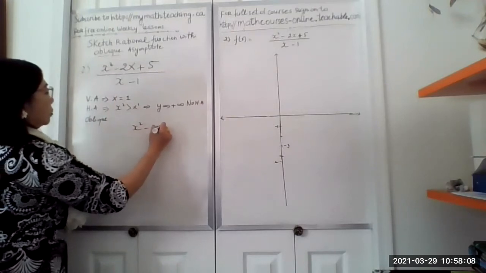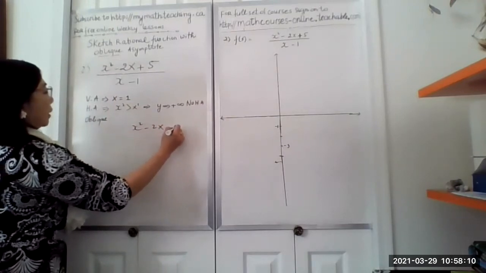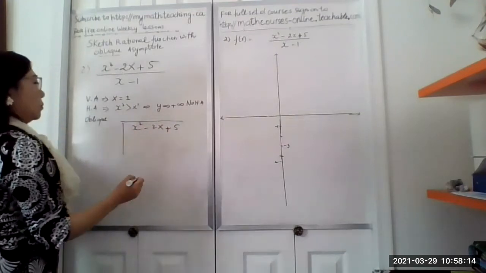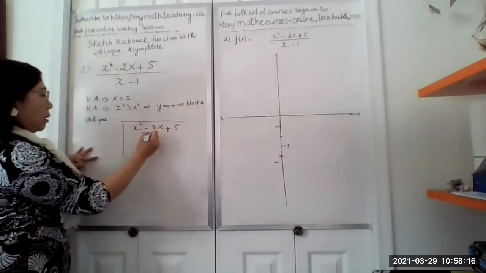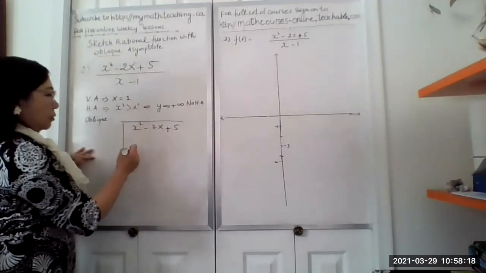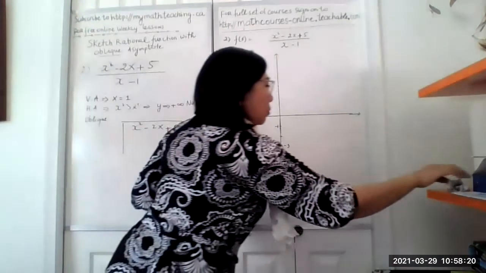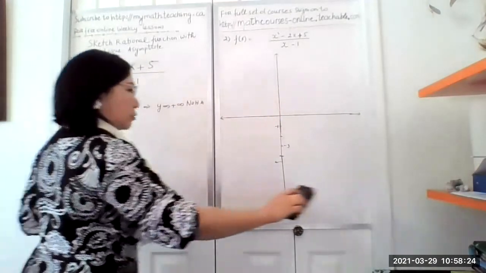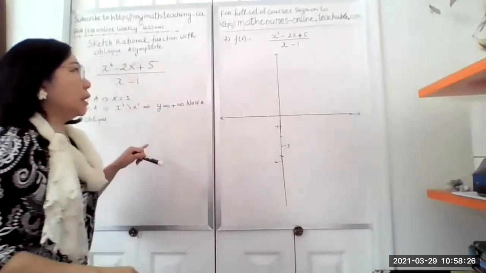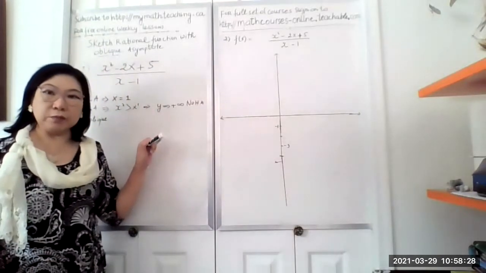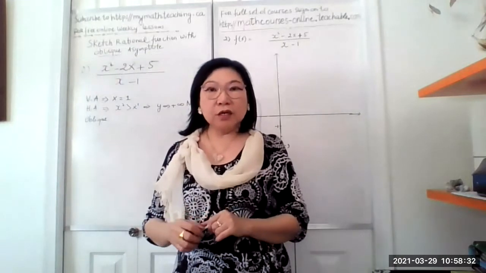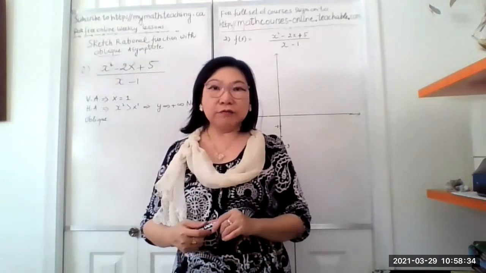x squared minus 2x plus 5. We'll divide this. One more thing I would like to do in this question: if you have learned polynomial division, you can use long division or you can use synthetic division.